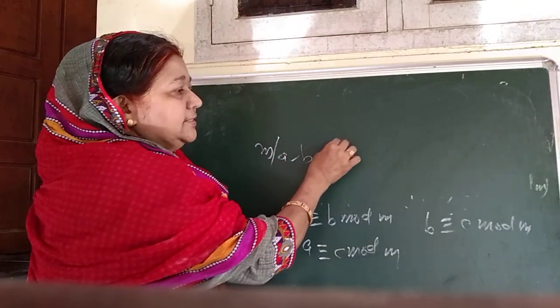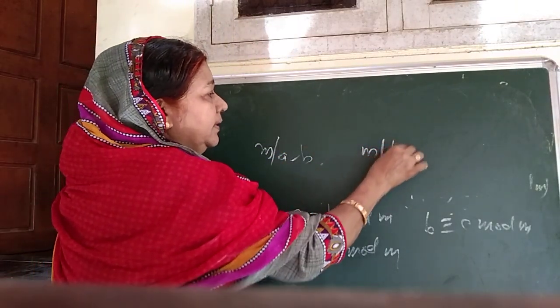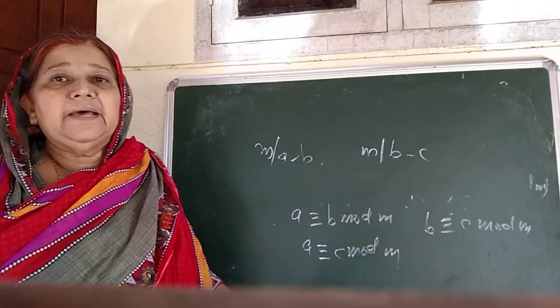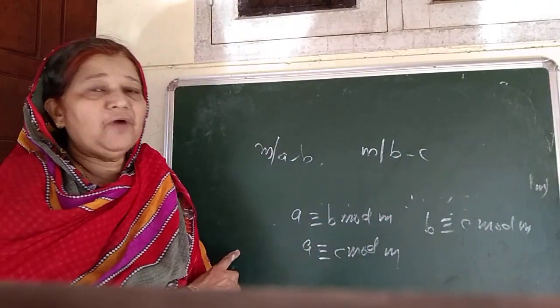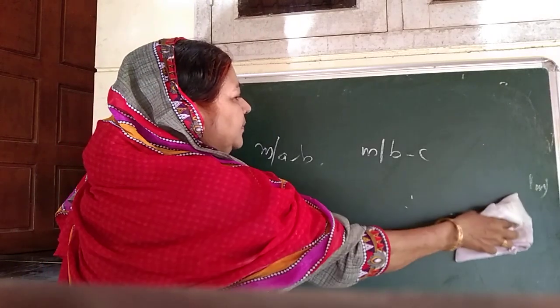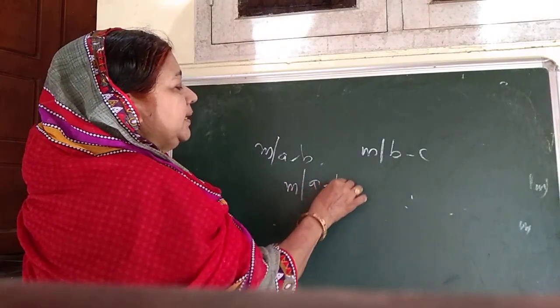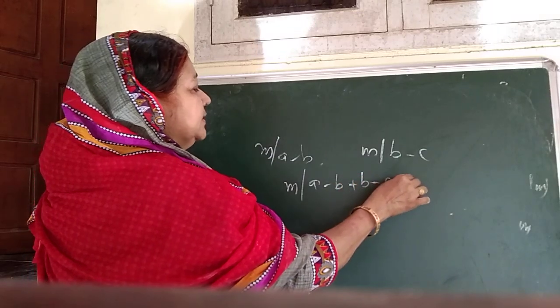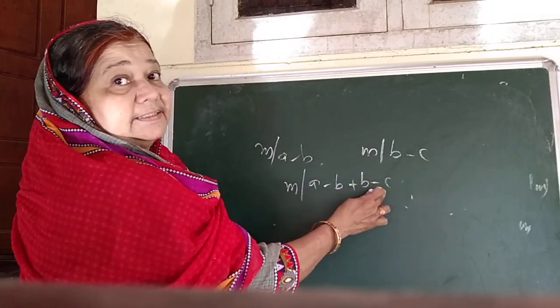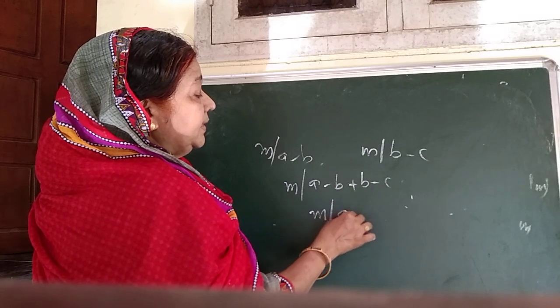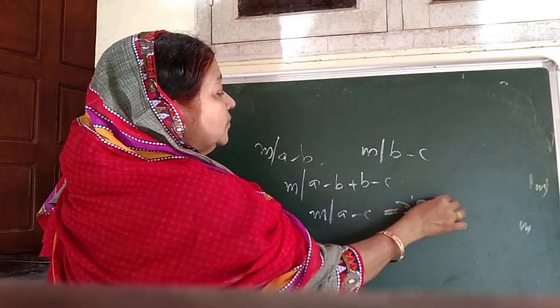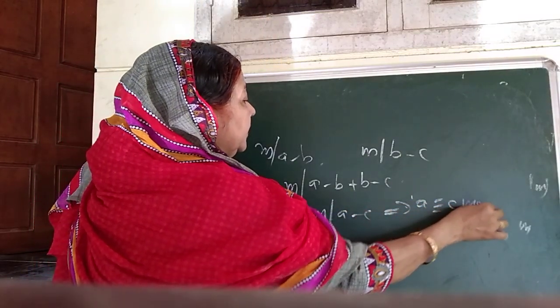Similarly, m divides b minus c. Then we can apply the linearity from module 1. That is, m divides a minus b plus b minus c. That is, m divides a minus c. And m divides a minus c means a is congruent to c mod m.